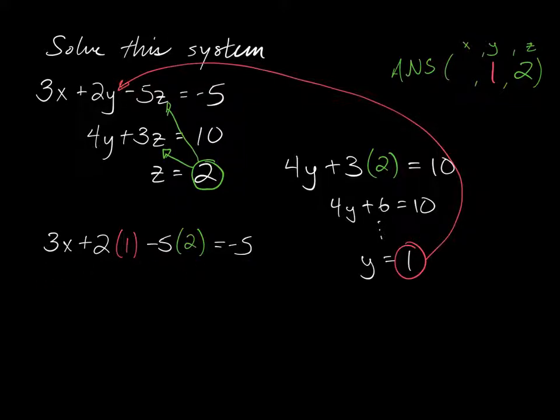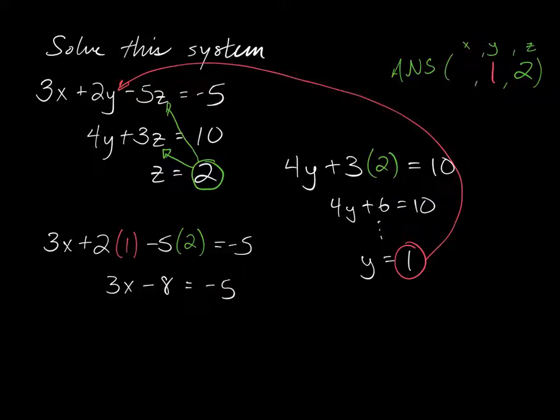So now all I have to do is simplify all of these constants. 2 times 1 is 2, minus 5 times 2 is 10. So 2 minus 10 is negative 8. So this becomes 3x minus 8 equals negative 5.